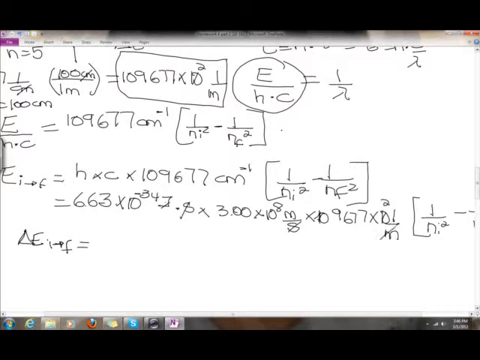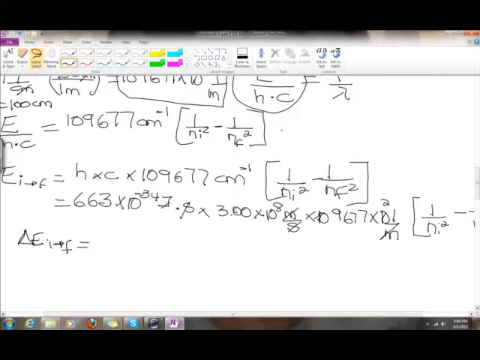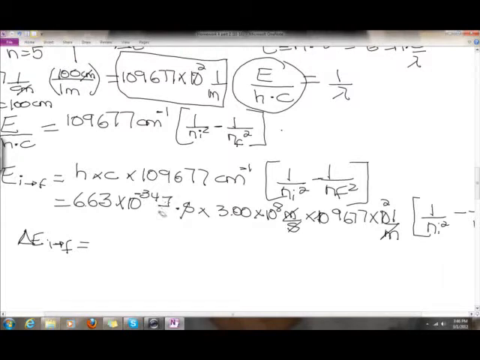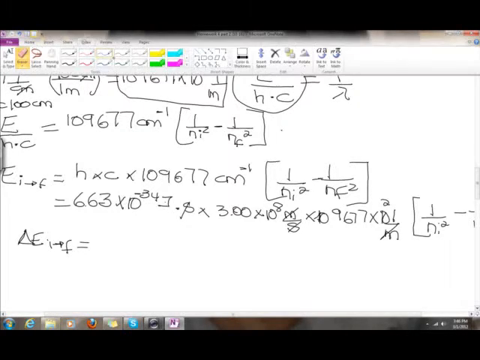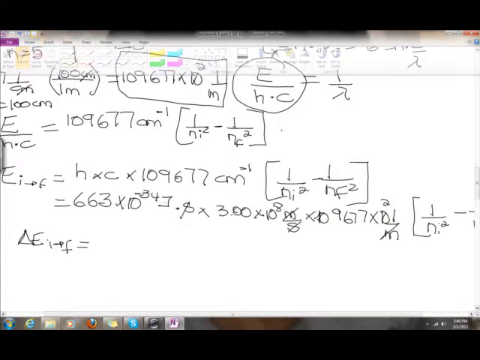And if you look at this, meter and meter would be canceled out. By the way, joules is not gone, it's an arrow on the line. This is joules.